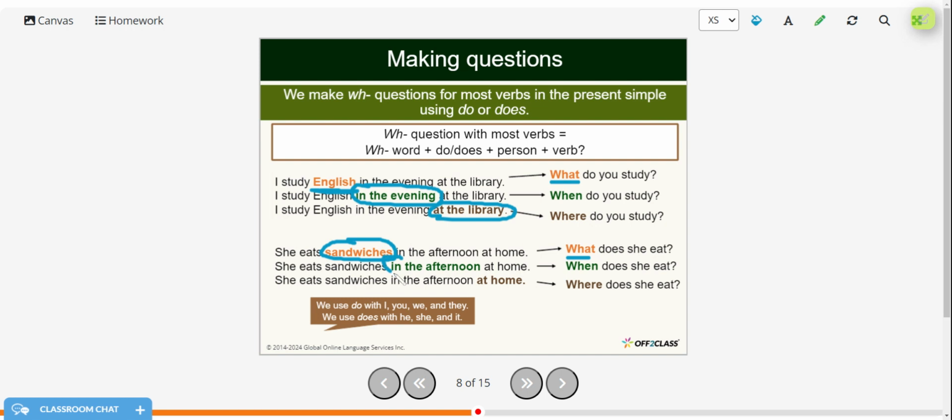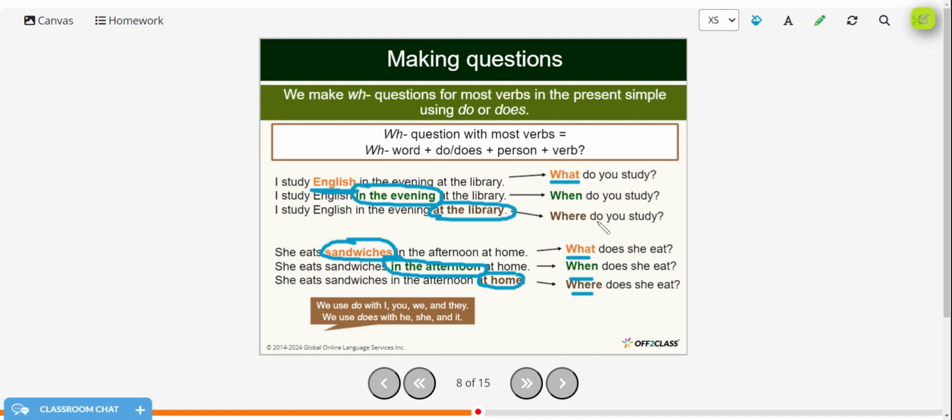We are looking for the in the afternoon information. So the question for that answer would be, when does she eat? And then maybe we know that she eats sandwiches in the afternoon, but we don't know where. So in order to get the information at home, you would ask, where does she eat?